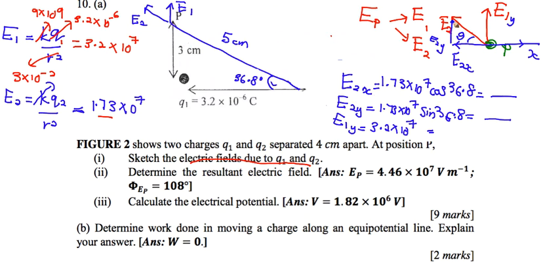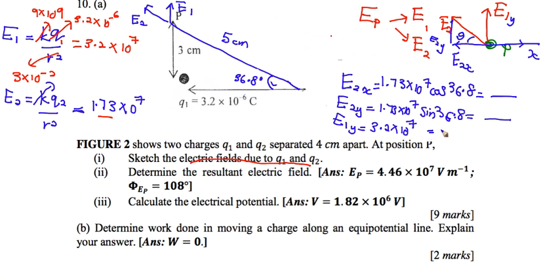So E2 resolved to the x, you must use E2 cos 36.8. You can find the value of E2x. The same process for E2y, opposite, so we have E2 sine 36.8. And for E1, because it is on the y-axis, there is no need for you to resolve to the x. E1 just has a y component, 3.2 exponent 7.